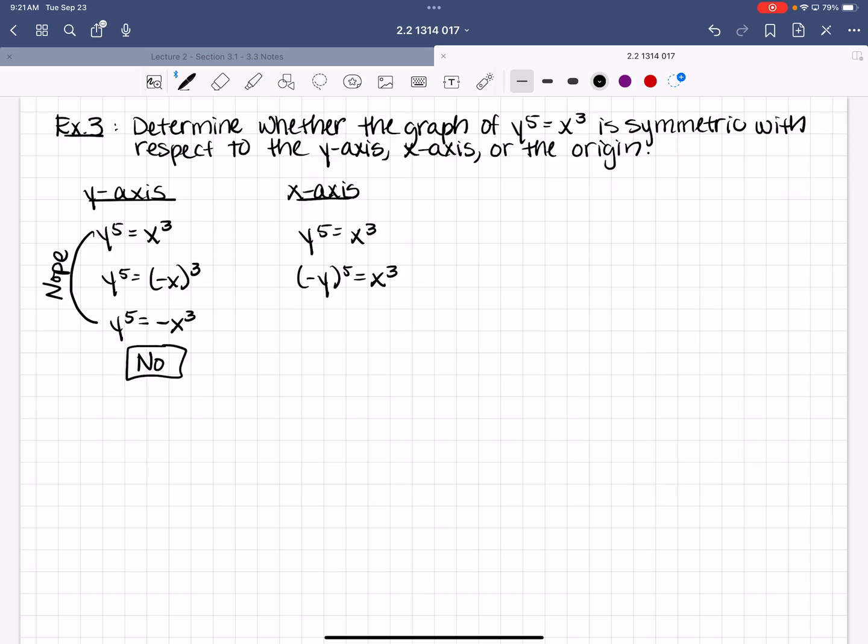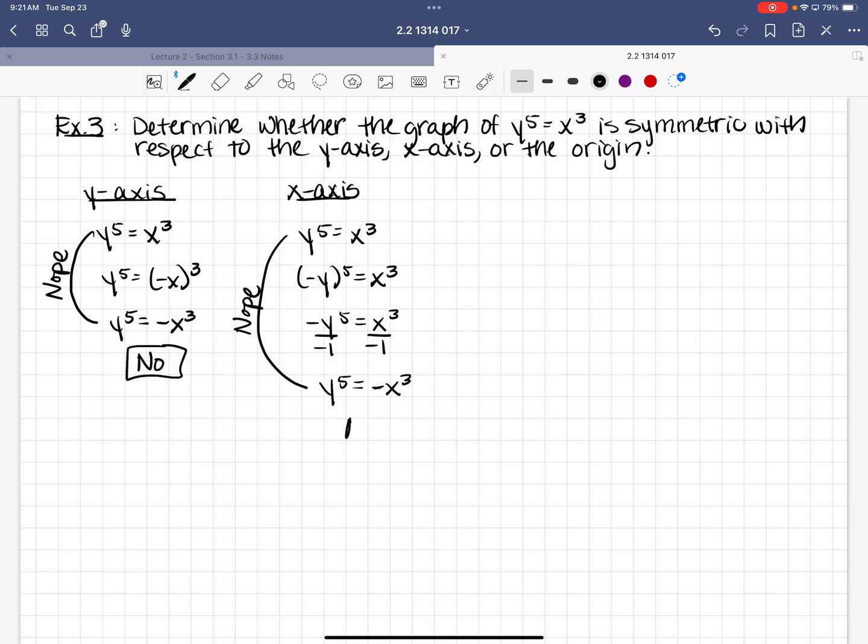A negative number to an odd power comes back negative, okay? So this gives me negative y to the 5th equals x cubed. Our equation started out as a positive y to the 5th, so I'm going to divide everybody by negative 1. And that gives me positive y to the 5th equals a negative x cubed. Are they the same? Nope.